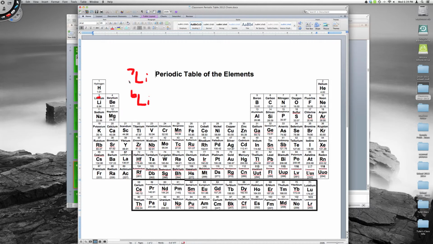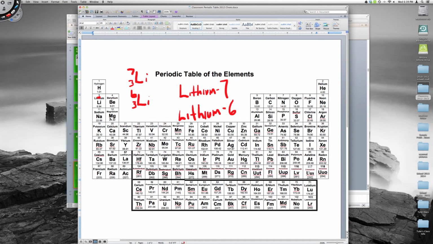So we're going to put 3 right there. Or we could just write them as lithium 7 and lithium 6. And that's how you go about calculating the atomic mass unit.